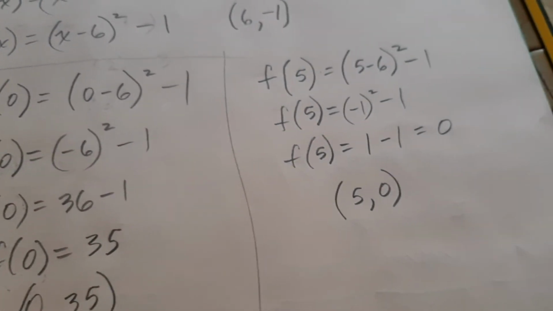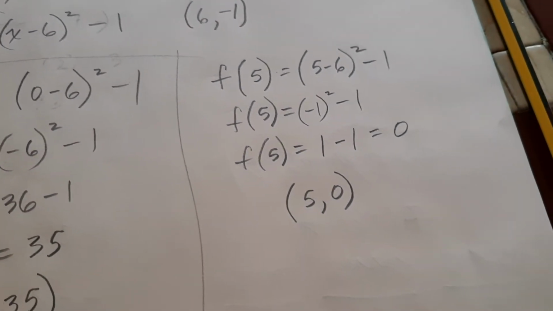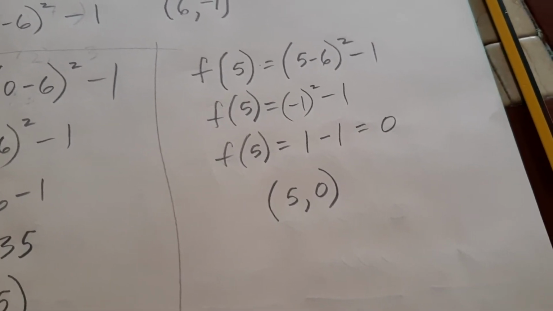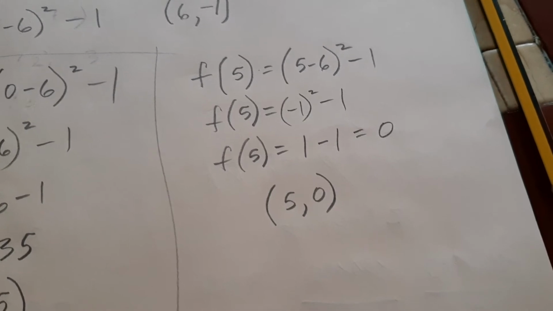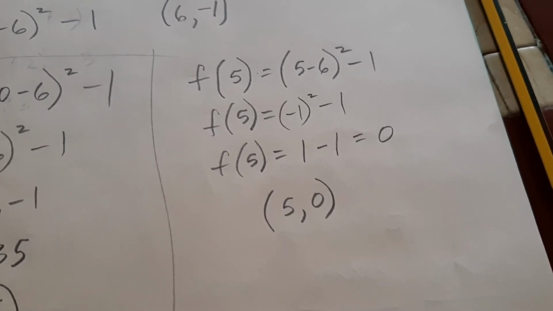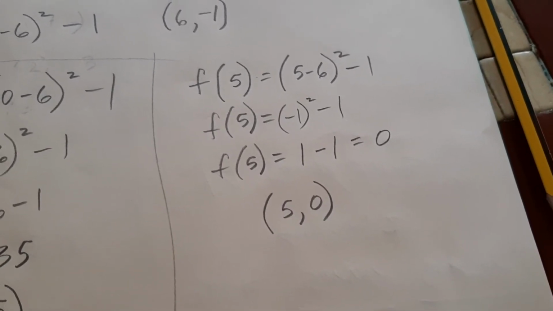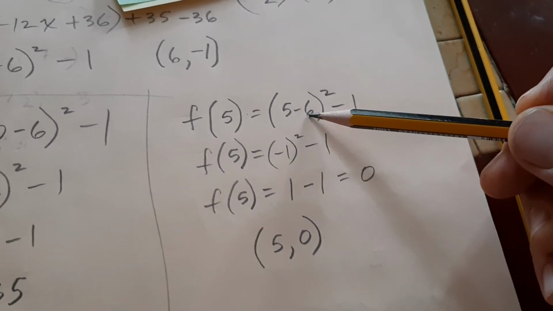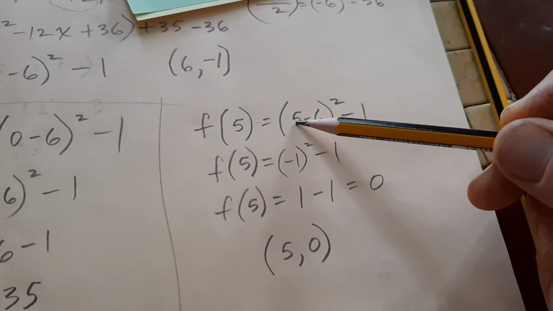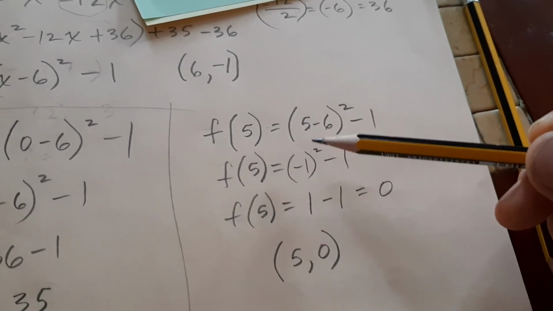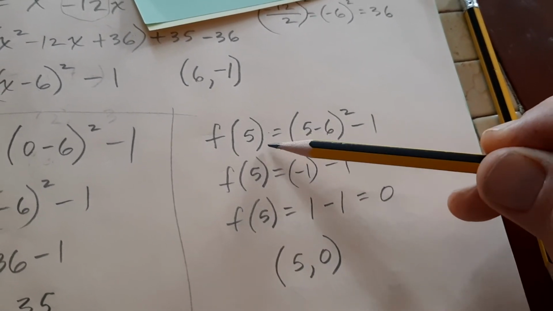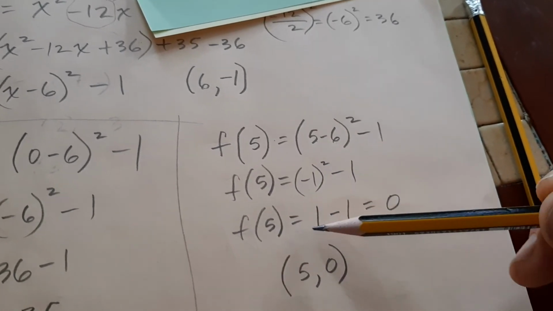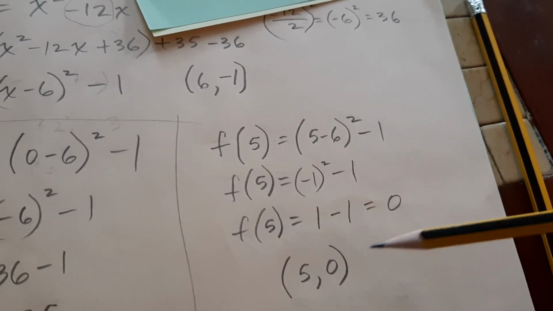So go one point to the left or right or both of the x-coordinate of your vertex, your h value. Once again, h is 6, so if I go to 5 or 7, I chose 5, f of 5, I have negative 1 squared minus 1, so it comes out real nice and neat.